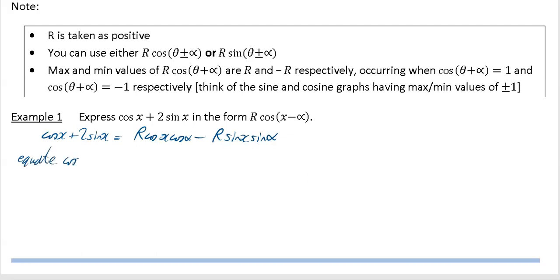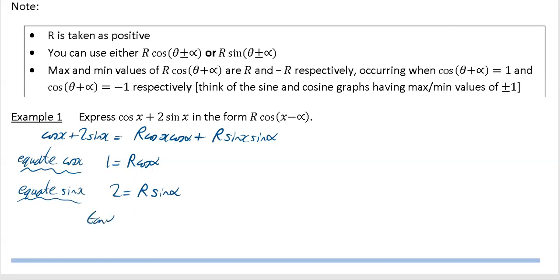Equate cos x, you're going to have 1 is equal to r cos alpha, and then equate your sin x, you're going to have 2 is equal to, oh sorry, I've made a wee mistake in my expansion, that should be a plus there. So 2 is going to be equal to r sin alpha.